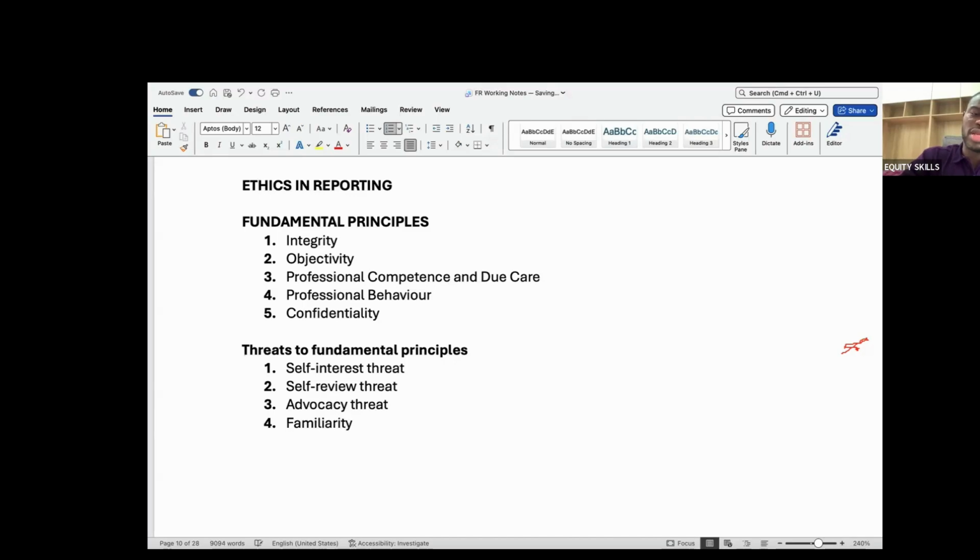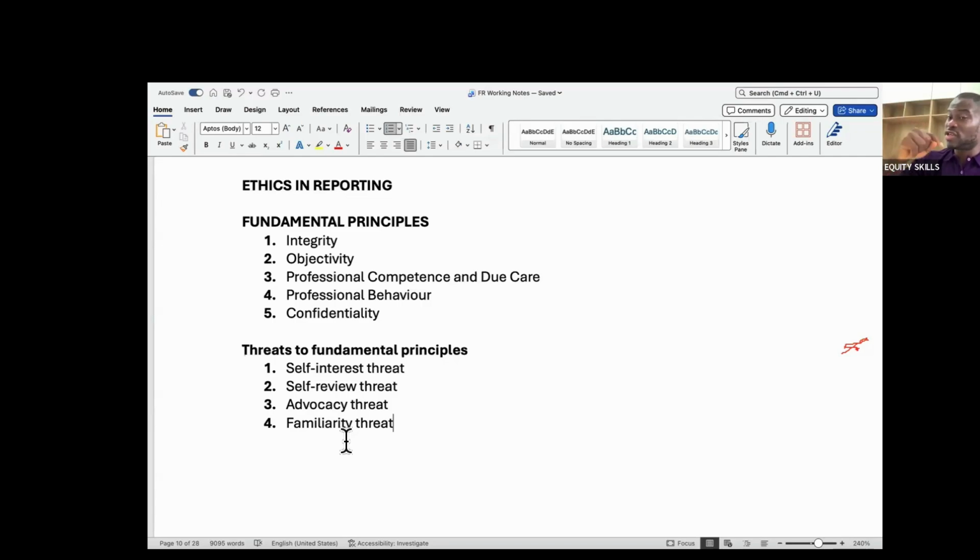Another one is familiarity. As a result of close relationship or long-term association with your colleagues or with people, it can result in oversight, that you overlook a lot of things. It can affect your objectivity, your competence, your behavior.